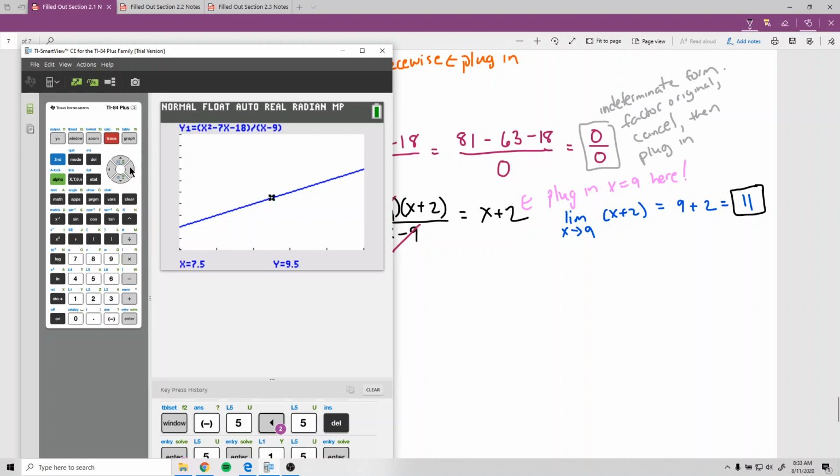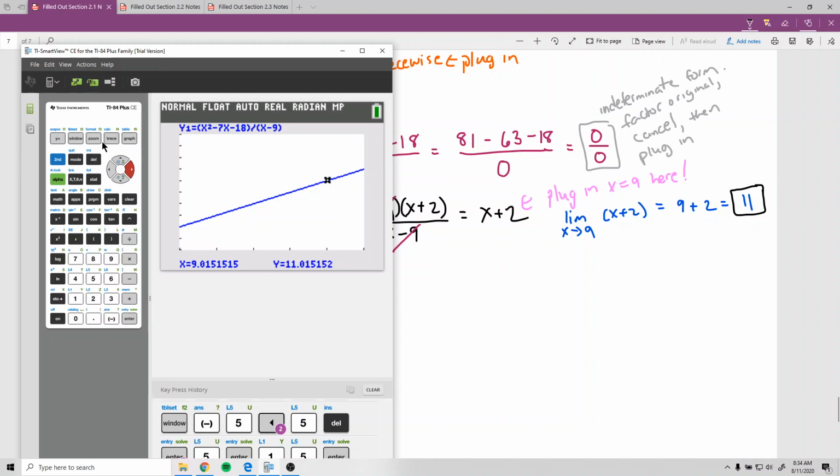So if we trace along here, we want to go towards x equals 9. And we're getting there. It looks like it's definitely pretty close. And you can see it's really close, 9.01, the y value is really close to 11, so it probably works just fine.